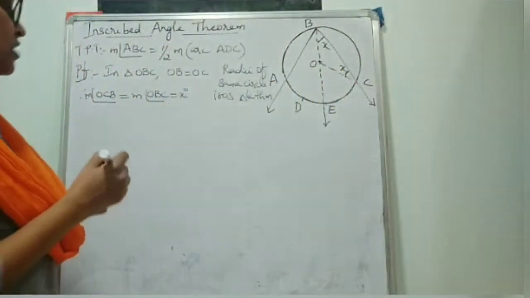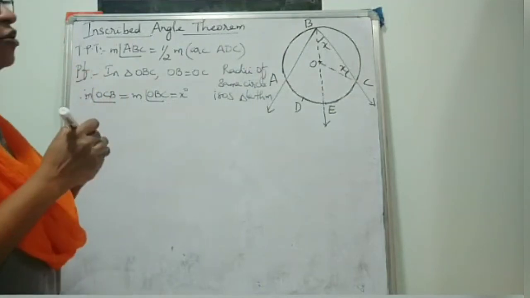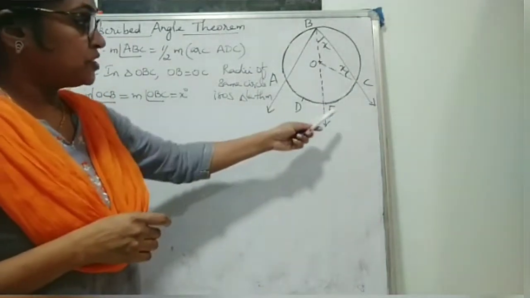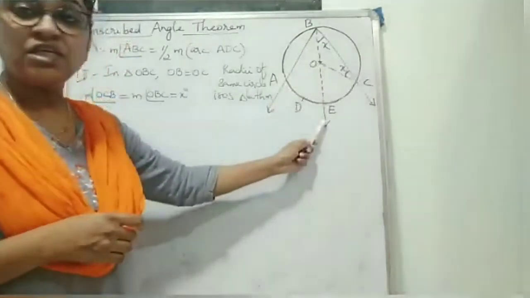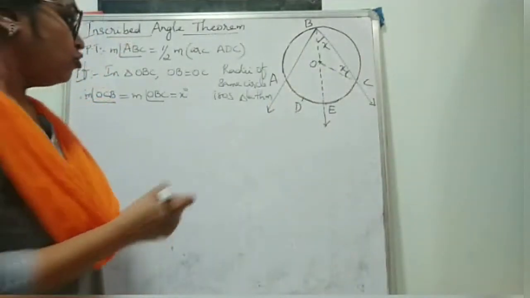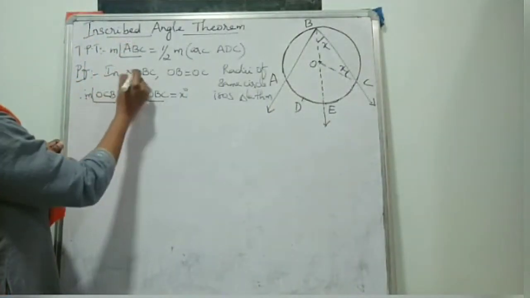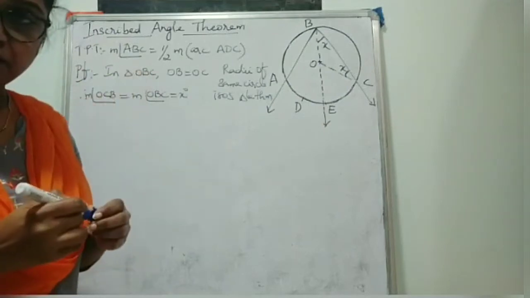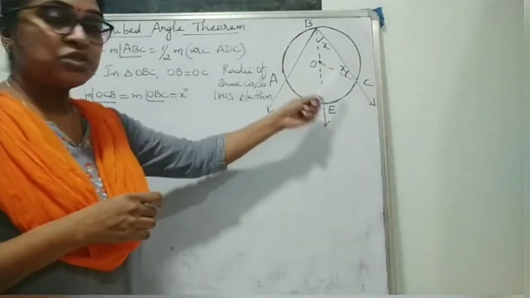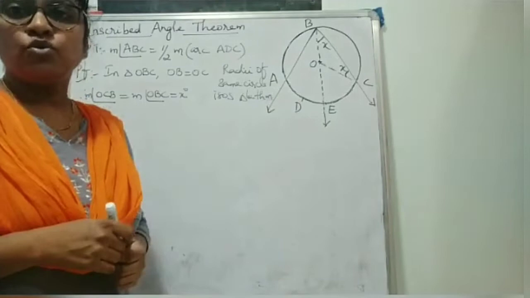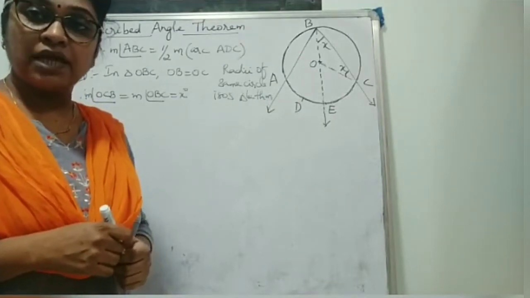Okay. Now once again, if you look at triangle OBC, we can observe that angle COE is the exterior angle. So in the same triangle OBC, angle EOC is the exterior angle, and you can use the remote interior angle theorem.